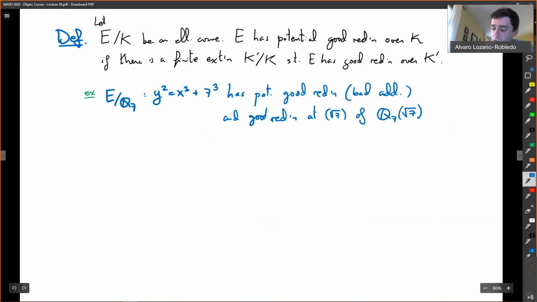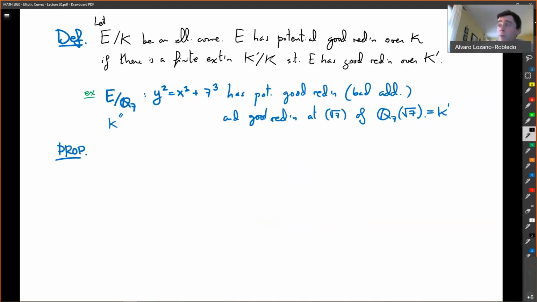So this would be my K prime field, and this is my K field. Okay? Okay. So now let me state what I just said out loud, about good reduction and bad reduction.